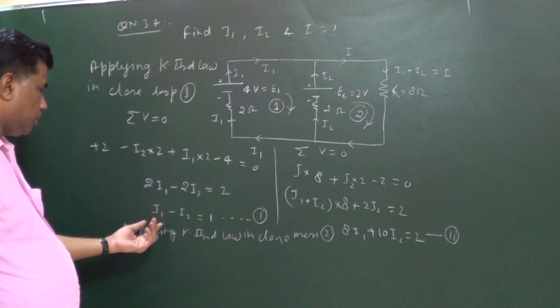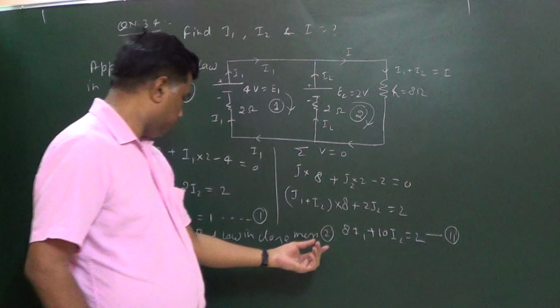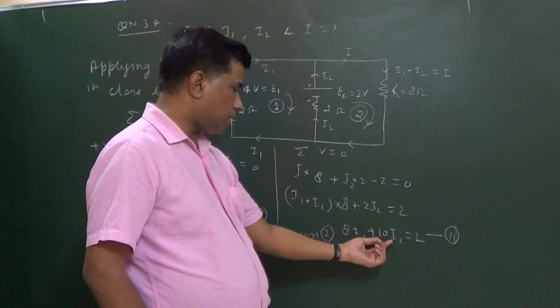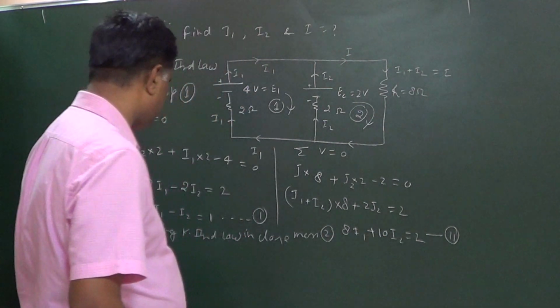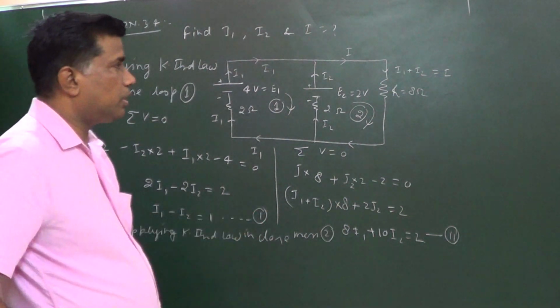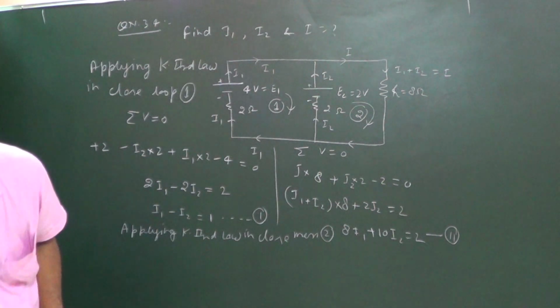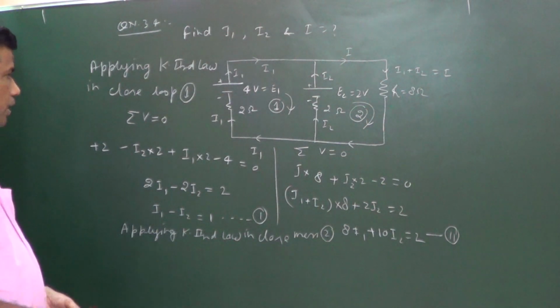Now we have two equations. One is I1 minus I2 equal to 1 and the other one is 8I1 plus 10I2 equal to 2. Now I will write equations 1 and 2 to solve them simultaneously. So students, please write it. You can pause this video and write it.